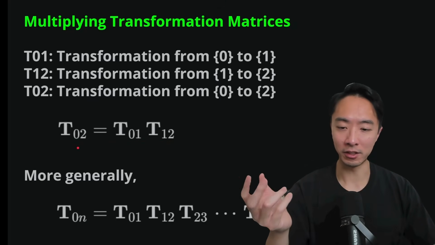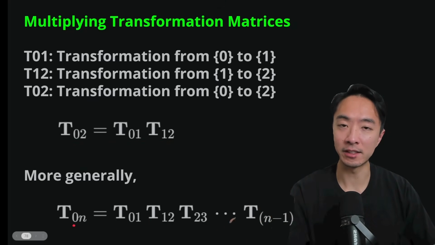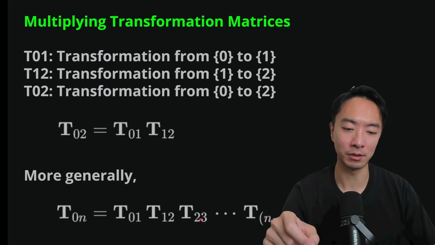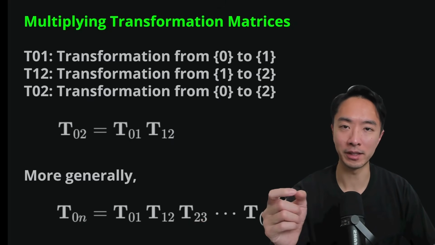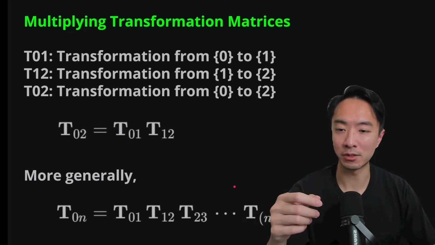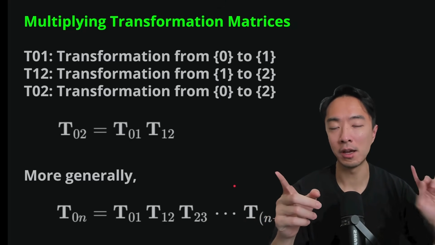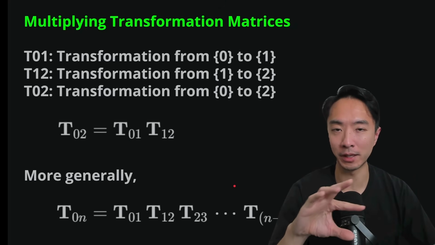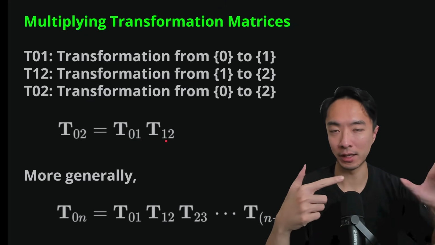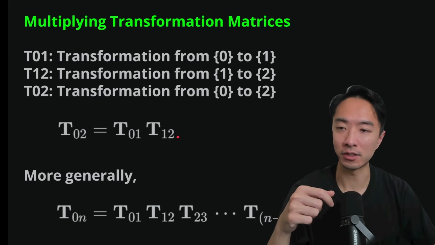So more generically, we could say t0n is going to be t01 times t12 times t23 all the way to t(n-1)n. So this is the most general form of transformation matrices, and this allows you to essentially hop between frames by multiplying it out. One thing you want to make sure is that the inner values here for the frame should match. That way you know that they're physically connected to each other.